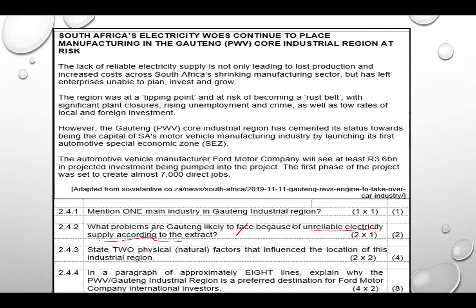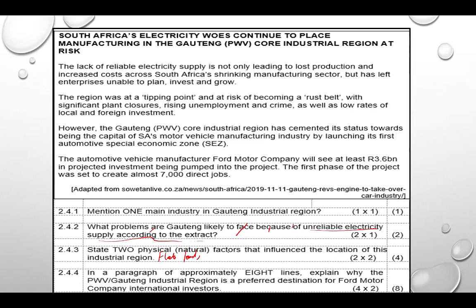State two physical or natural factors that influence the location of this industrial region. This one does not want you to quote, so it could be any other factor. You can talk about flat land.